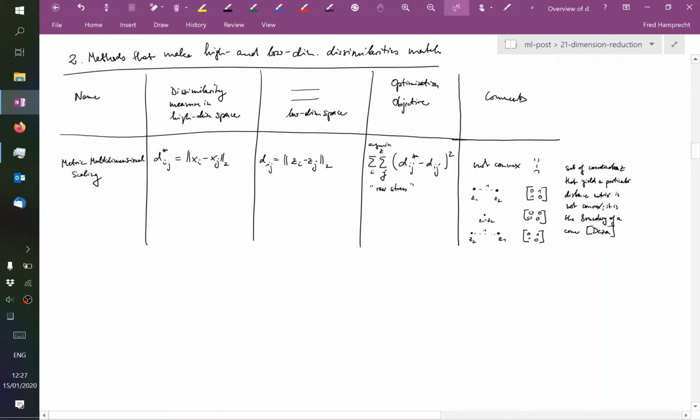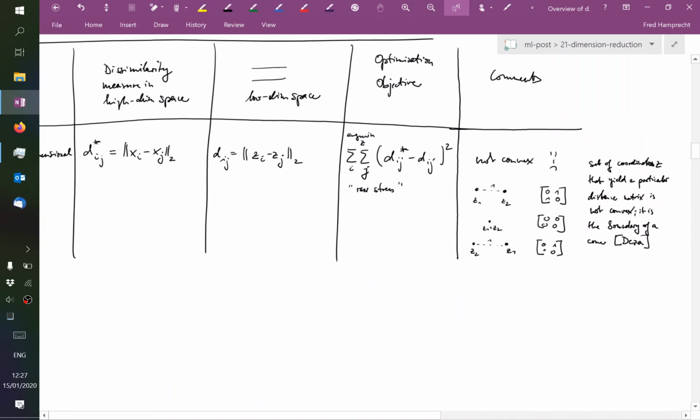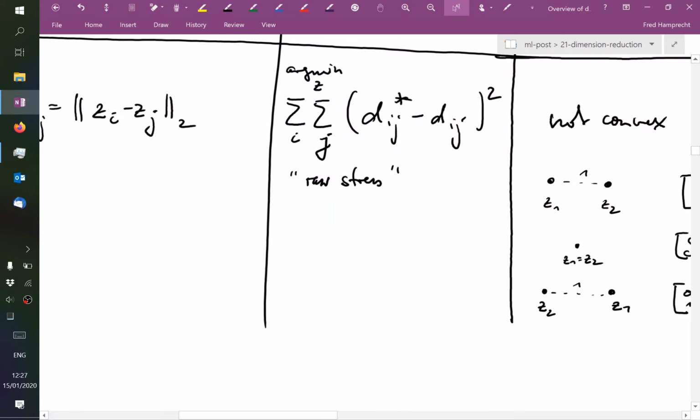All right. Now, there's a variation on this theme, namely to consider not the distance matrix, but to take the squares of these distances. So sum over i, sum over j, and usually that is a bit easier.